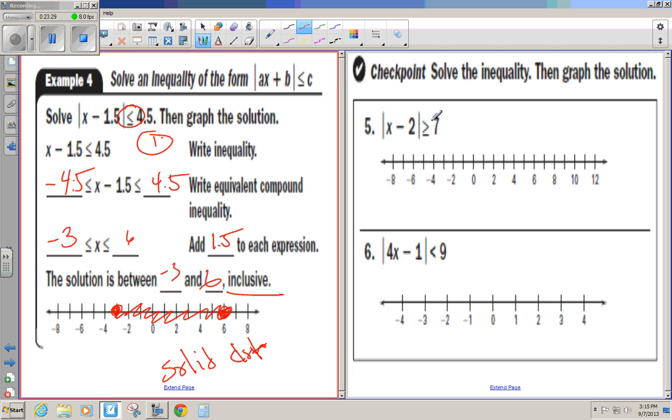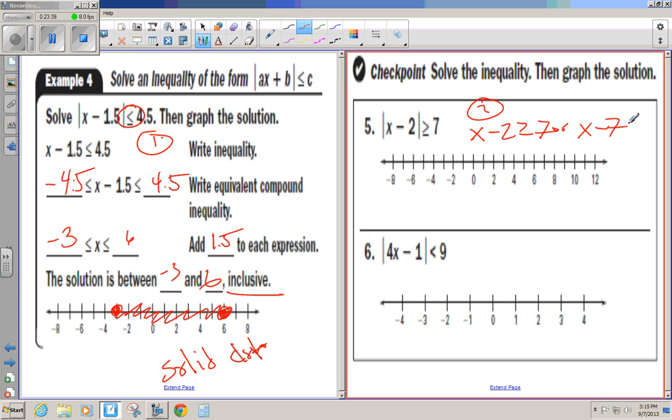All right, here's another one. This is a greater than, so it's type 2. So you're going to rewrite it exactly the way it's written. And then you're going to say or, and you're going to rewrite it with the opposite inequality with the opposite sign. So add 2 to both sides, you get x is greater than or equal to 9.